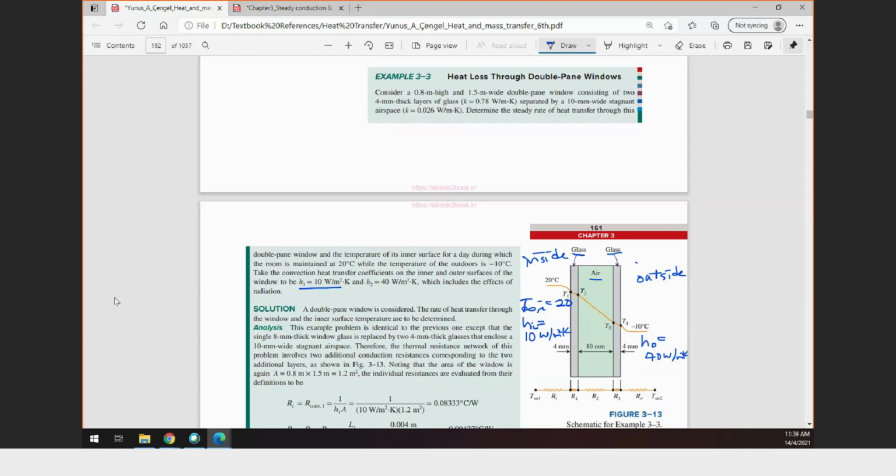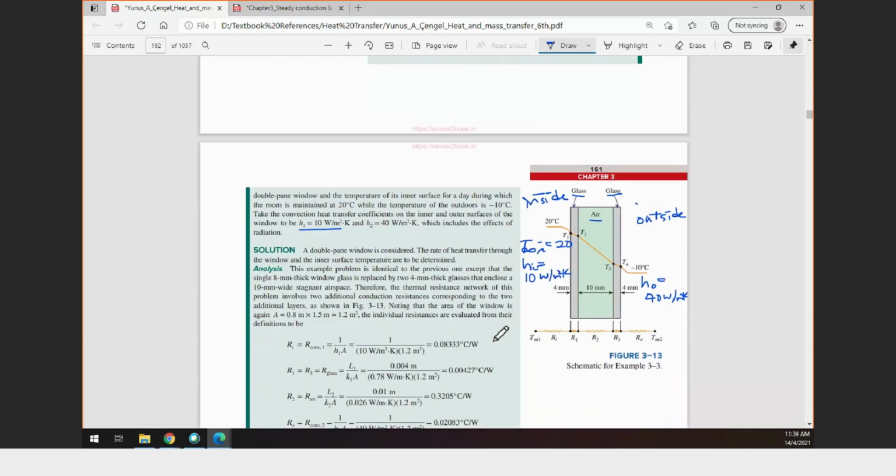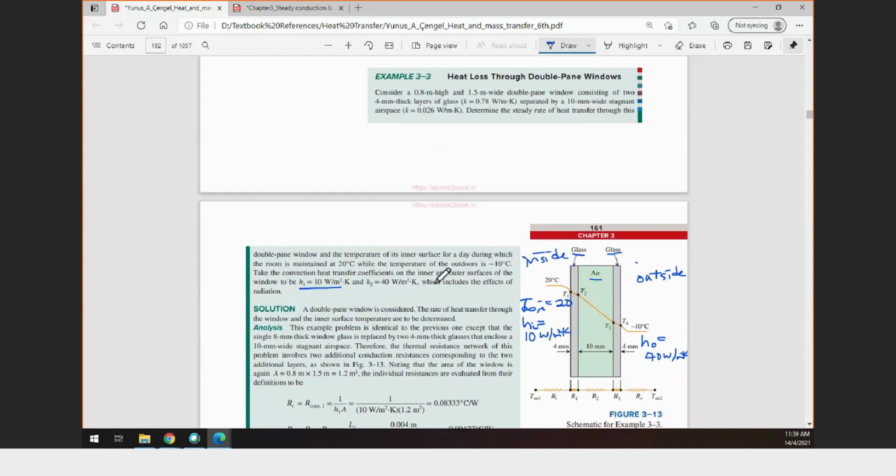So this is the diagram that you should draw. Remember, I try to make it a routine, a standard way of solving the problem.